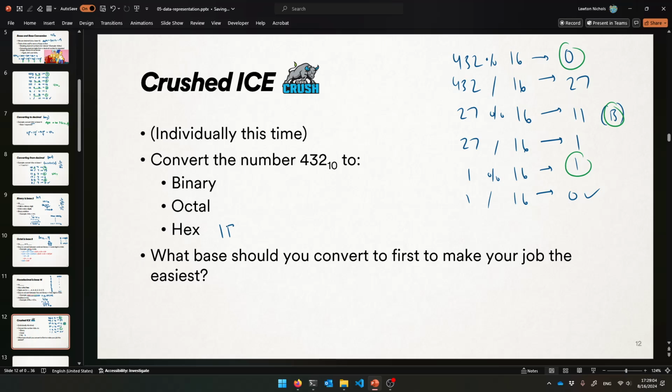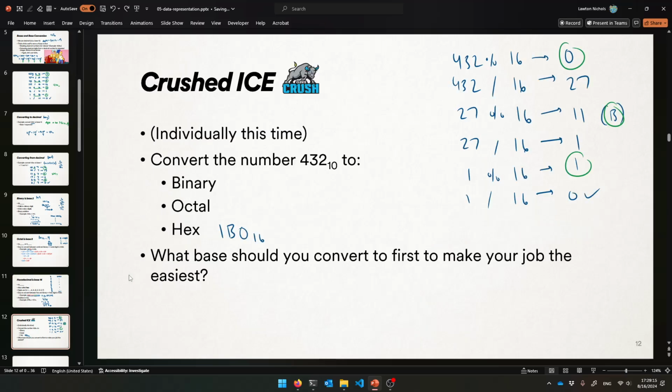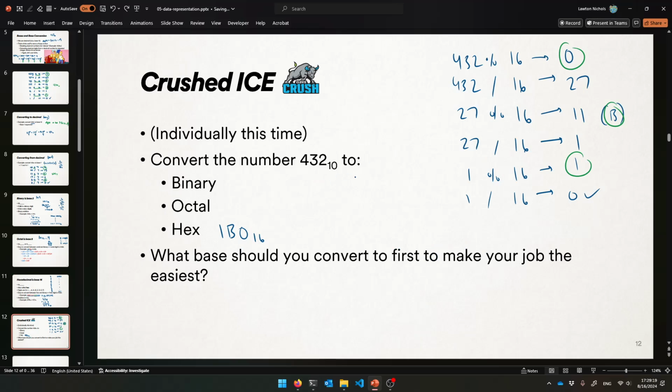And then everything else should follow pretty simply. All right. So because I can always go from hex to binary, right? Every hex digit corresponds to 4 bits. So let's take every digit and correspond it to 4 bits. So what's 0 in binary? 4 bits wide. That is going to be 1, 2, 3, 4 zeros. Cool. What's B? We know that that's 11. What's 11 in binary in 4 bits?